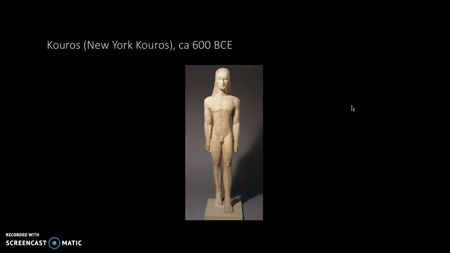And so in order to capture that, these archaic era sculptors end up carving these little half smile fixed expressions as they're working on setting the mouth in a round face. And so the lips get turned up at each end.